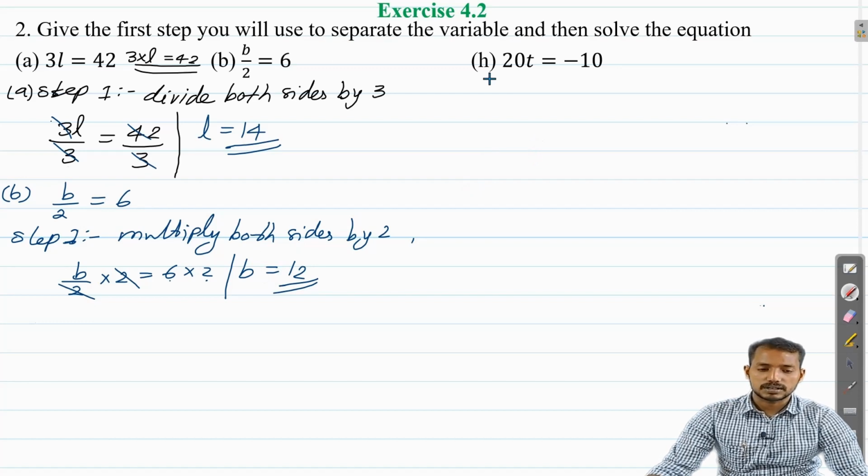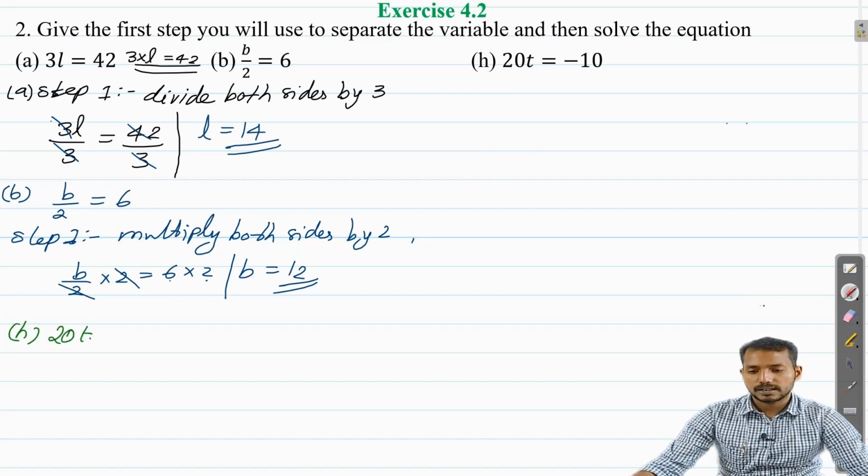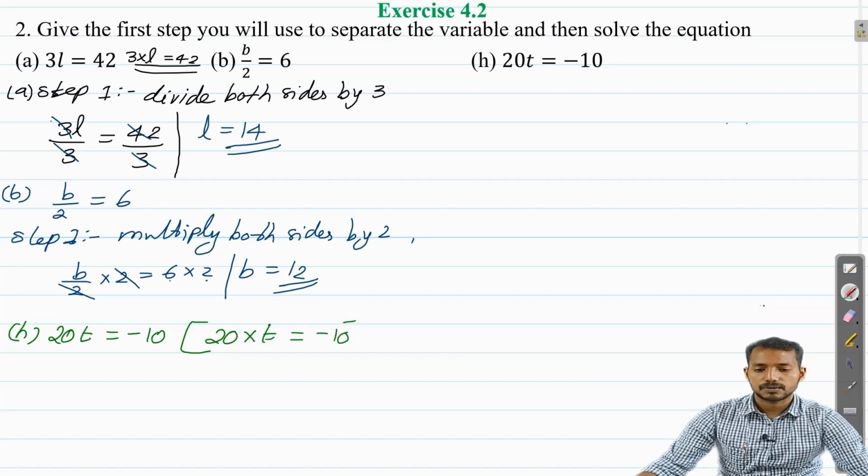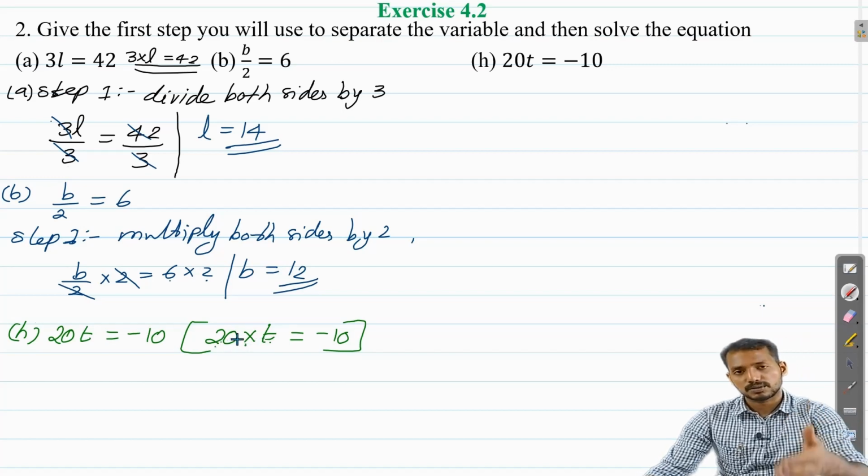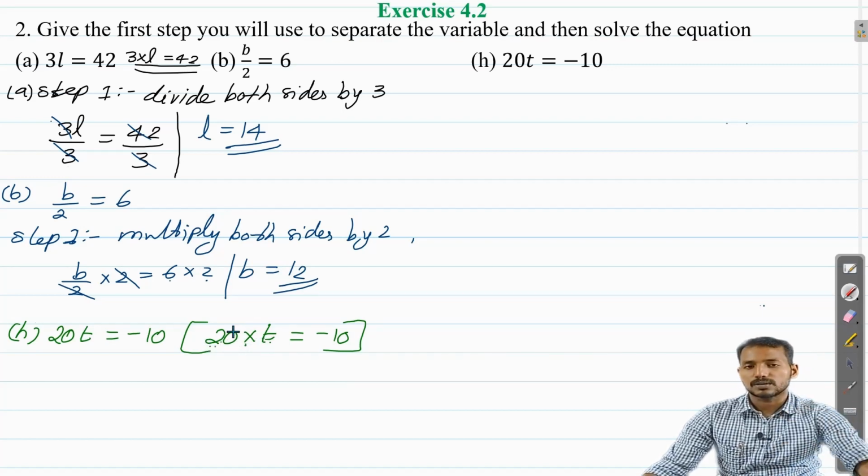And the last option is option C, 20t, which is equal to minus 10. So here 20t is equal to minus 10 is actually 20 into t is equal to minus 10. So this multiplication is between the variable and this number. To separate the variable from this number, we need to divide it.